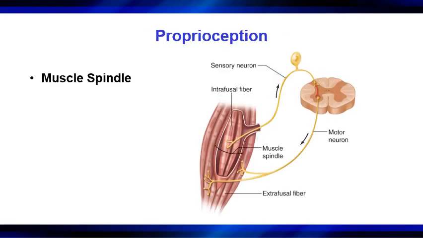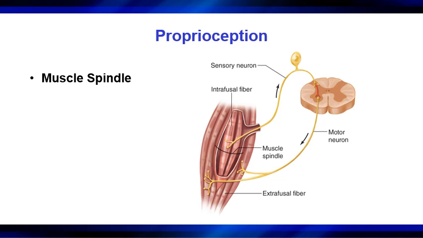Okay, so now we're going to look at some specialized receptors. Proprioceptors are specialized sensory receptors that give information to the nervous system. From the standpoint of the musculoskeletal system, it helps to do two big things. One, it helps to maintain an optimal muscle tone for the activity we're doing, and it allows us to perform complex movements.